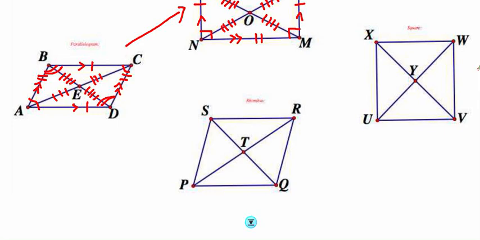Okay, if we look over now to our rhombus, by definition, a rhombus is a quadrilateral with four congruent sides. Once again, it fulfills the requirements of being a parallelogram because both pairs of opposite sides are congruent.